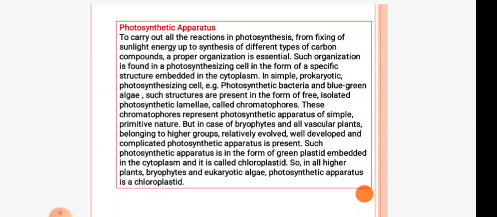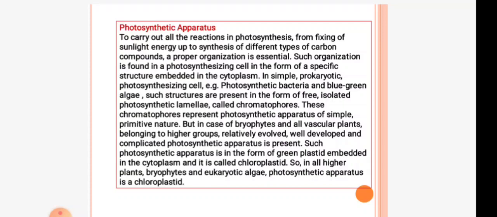In this slide, we will learn about the photosynthetic apparatus. To carry out all the reactions in photosynthesis, from fixing of sunlight energy up to synthesis of different types of carbon compounds, proper organization is essential. Such organization is found in a photosynthesizing cell in the form of specific structures embedded in cytoplasm.